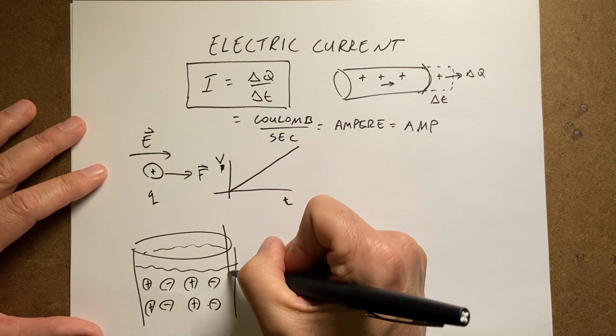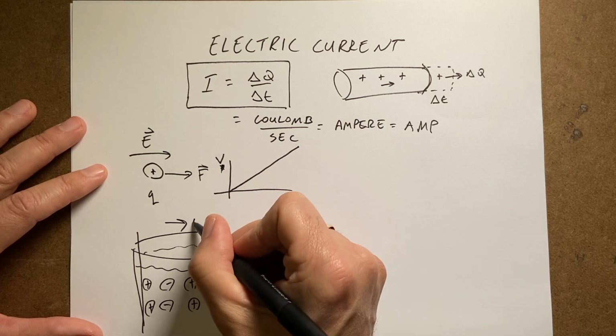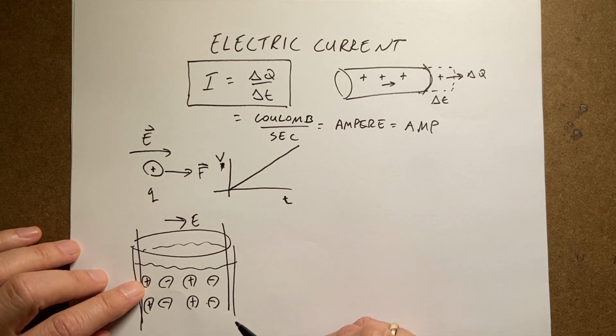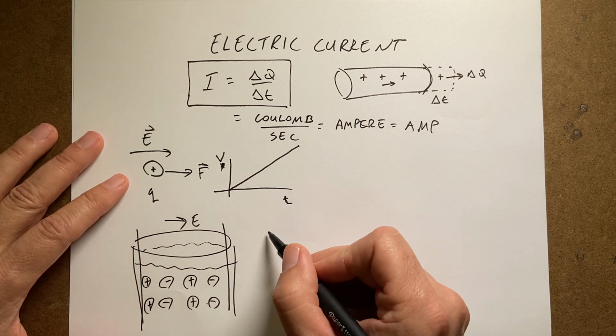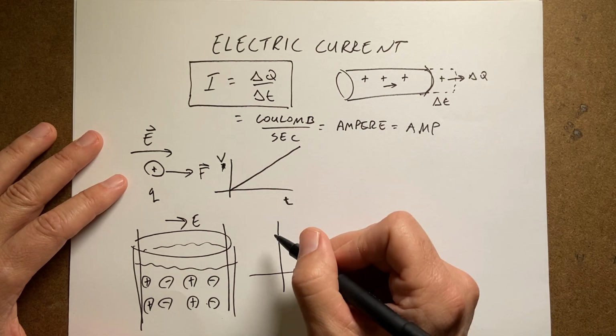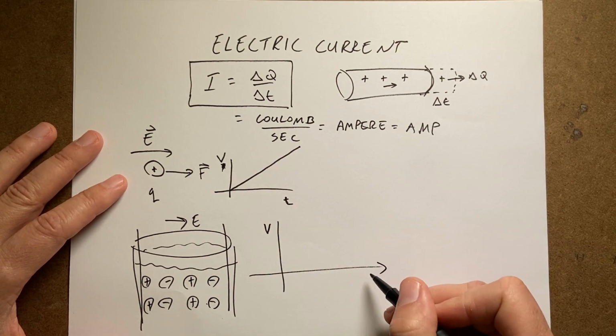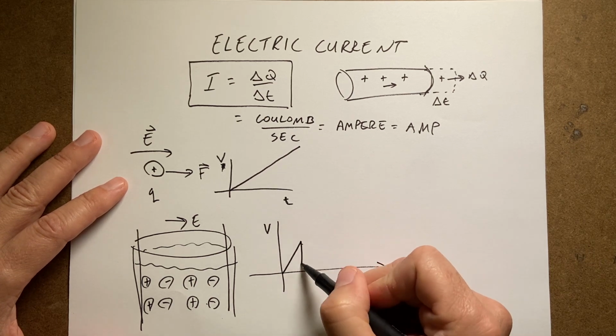Now let's say I put some bars in here and I apply, again, a constant electric field, E. So now in this case, these positive charges are going to experience a force and they're going to accelerate. But they can't keep accelerating forever. They're actually going to have a collision with the other molecules in the water because there's stuff there. So if I plot V versus T, it's going to go like this. It's going to speed up and then it's going to collide and stop.